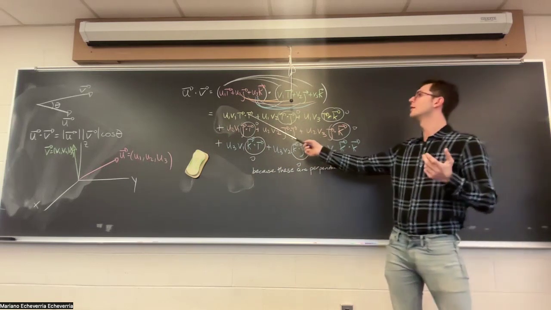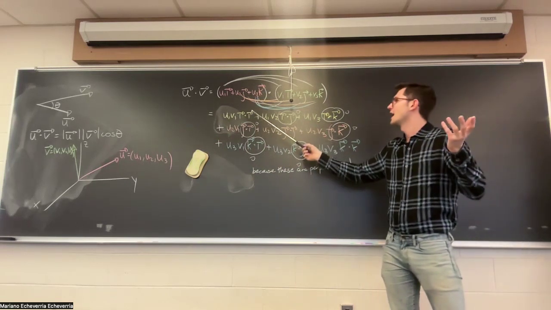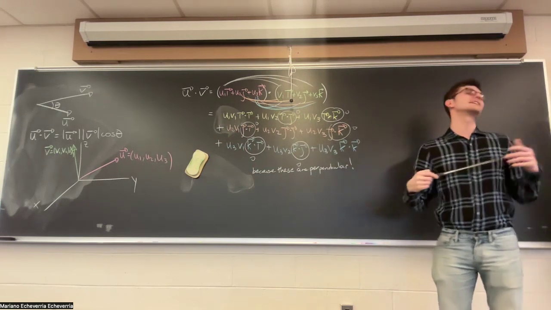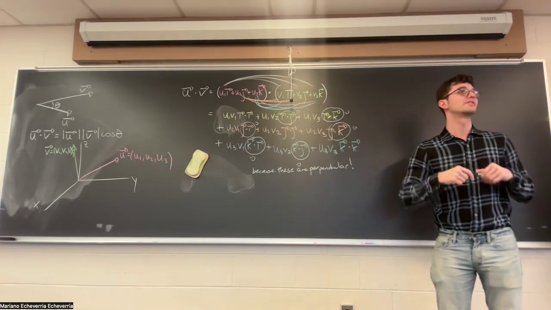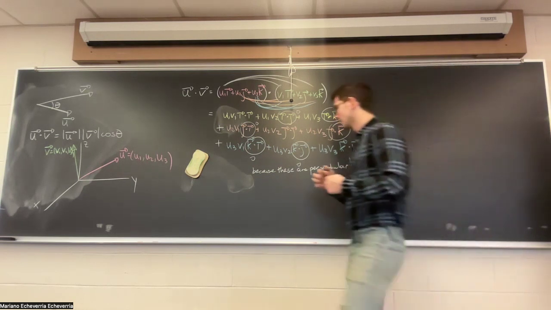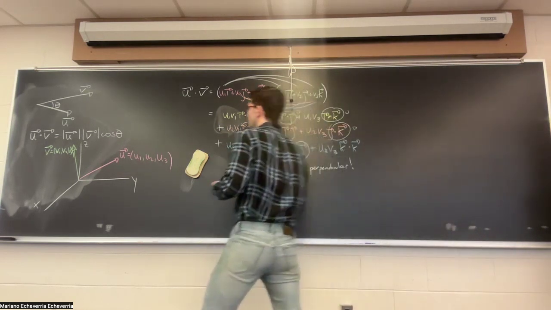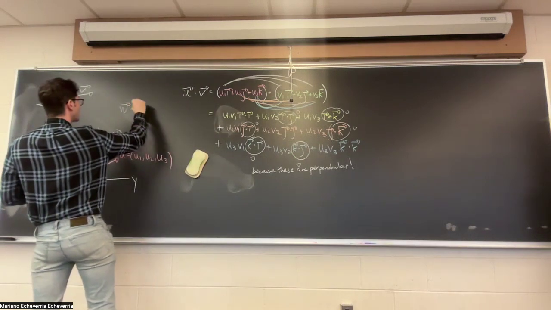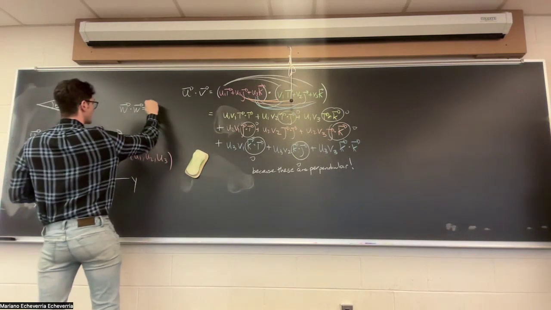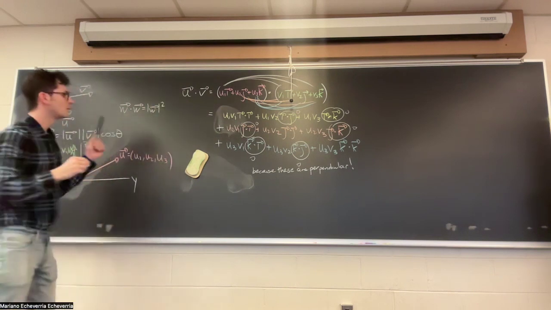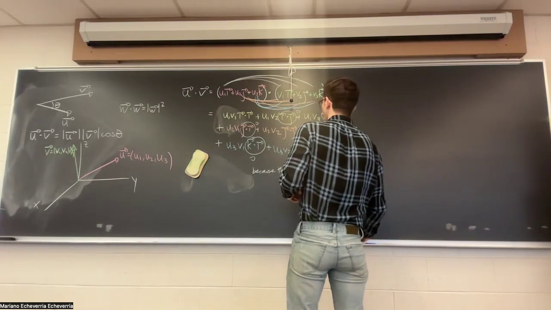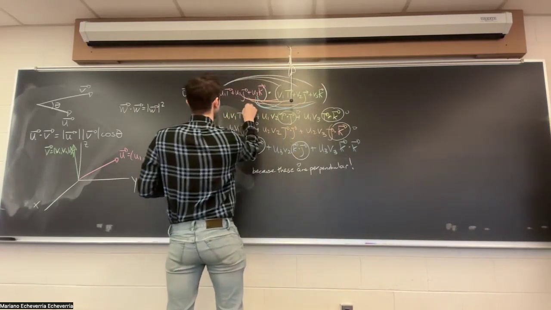You just have to find I dot I, J dot J, and K dot K. If you remember from last time, the dot product of a vector with itself is its length squared. We saw last time that for any vector W, W dot W is the length squared of W. That's convenient, because these are unit vectors, right?